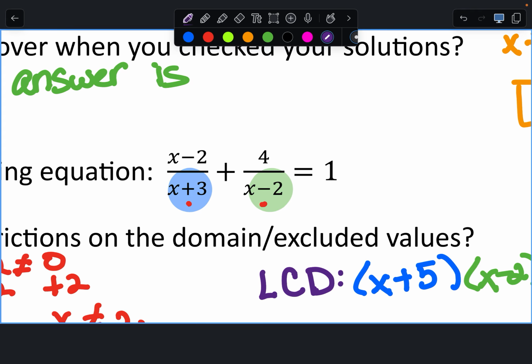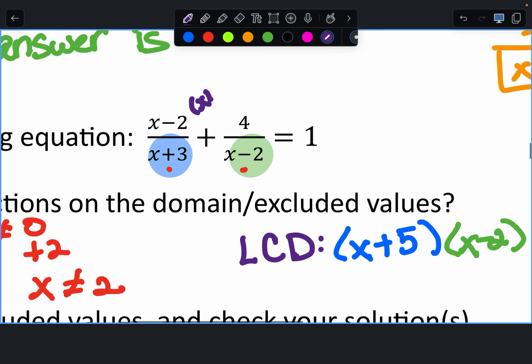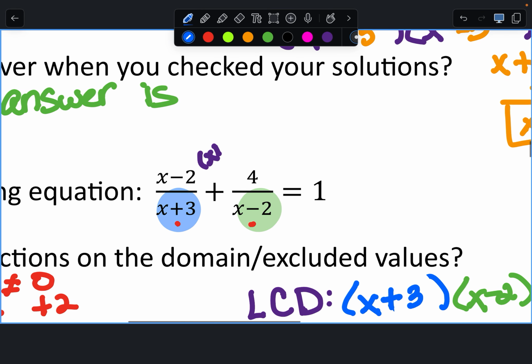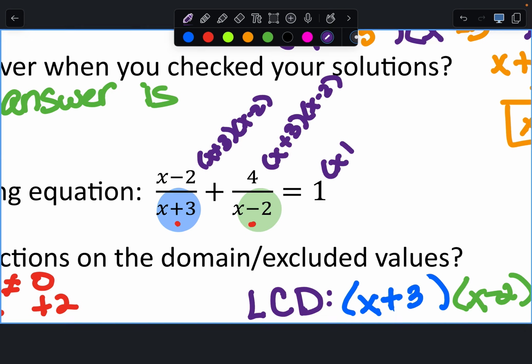Oh my goodness, I said 5, it should be a 3. Okay, let's try again. So x plus 3 times x minus 2, x plus 3 times x minus 2, x plus 3 times x minus 2.